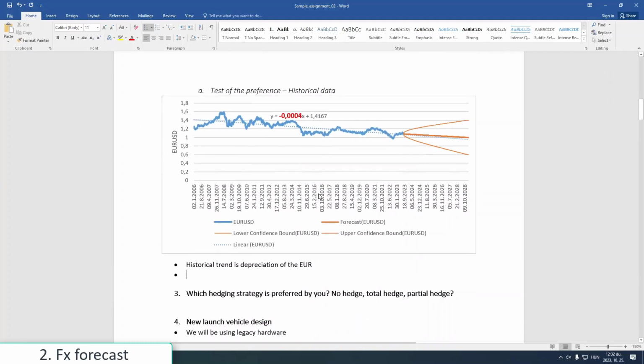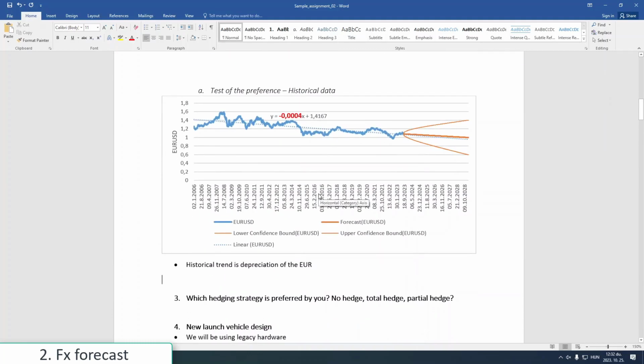So let's see the rest of the simulation. Okay, GJR-GARCH 1,1,1 simulation with skewed t residuals.